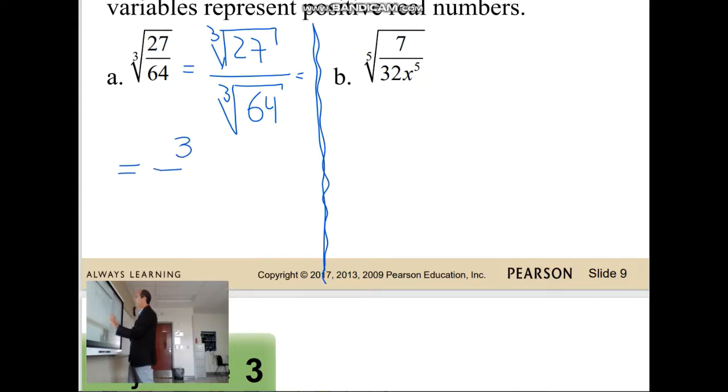So the cube root of 27 is 3. And the cube root of 64 is 4, right? 4 times 4, 16, times 4, 64. So the answer here is going to be 3 over 4.